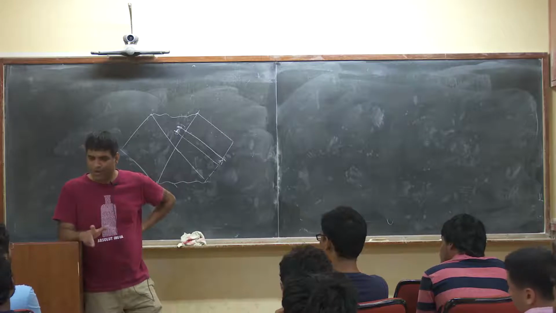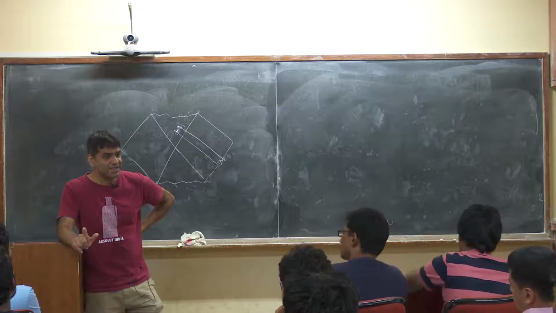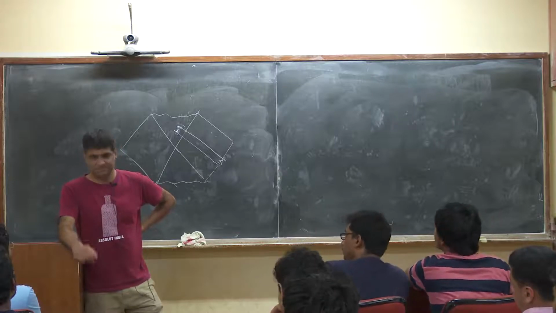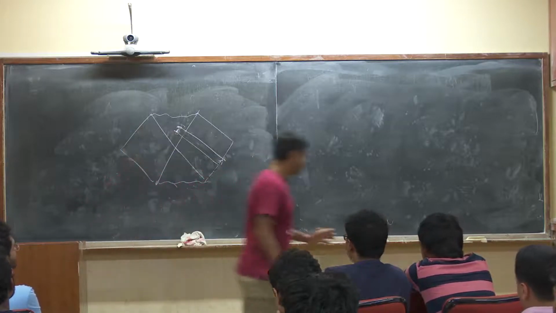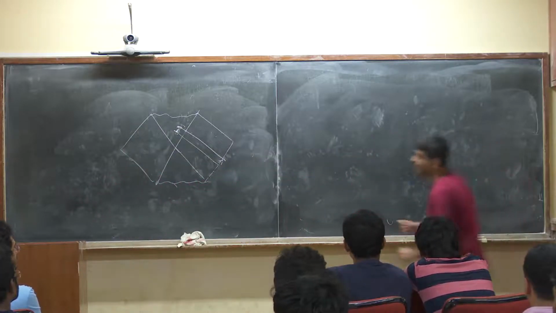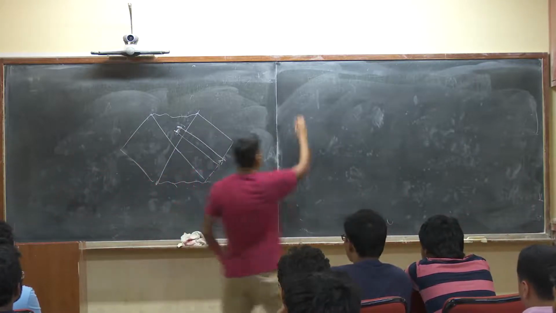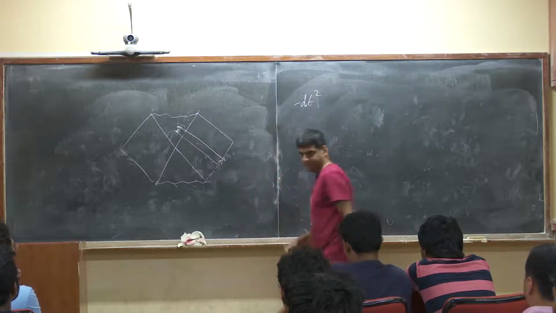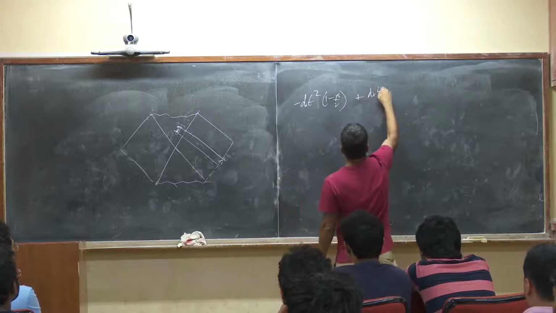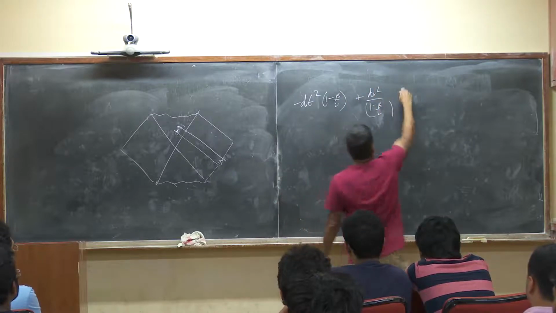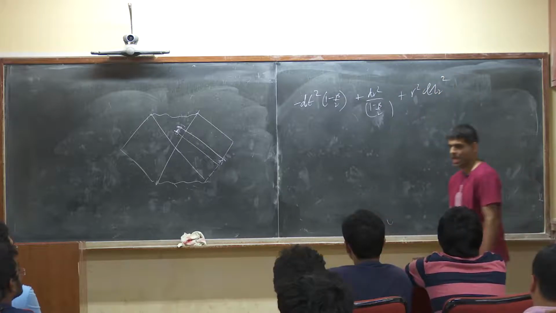Let me give you one more answer. There are two things to say about this. Let me give you one answer that is actually often useful for intuition. Suppose I take the metric minus dt squared times (1 minus beta by r), plus dr squared over (1 minus beta by r), plus r squared d omega squared.